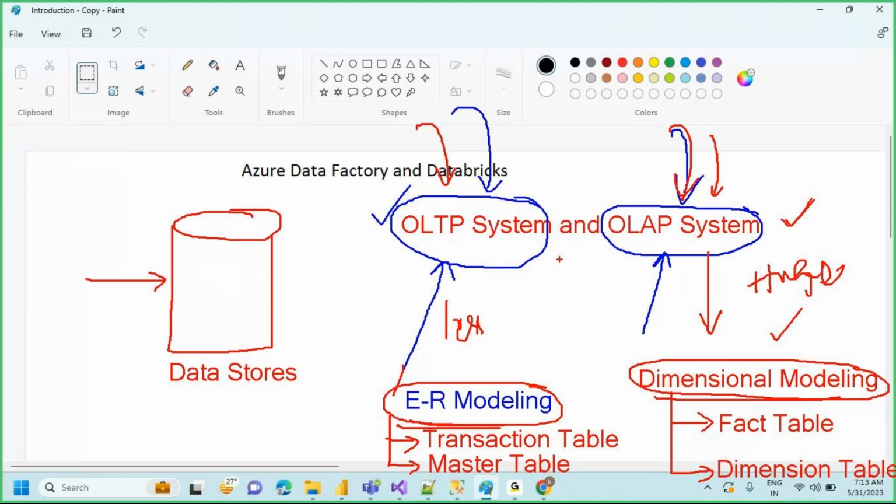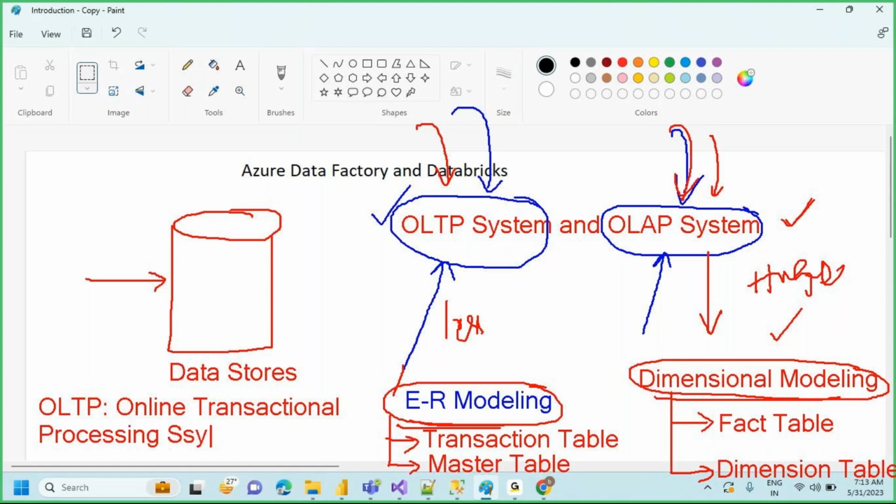What is the full form for OLTP and OLAP? Yeah, let me say here, OLTP means online transactional processing system, and OLAP means online analytical processing system.